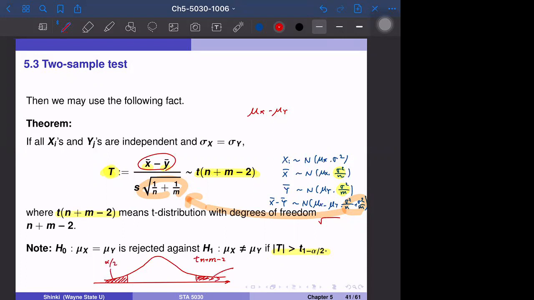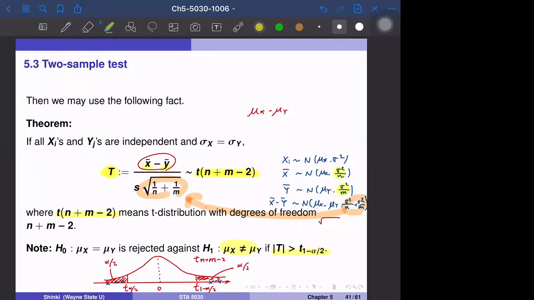So this is alpha over 2, and the threshold is here: t sub 1 minus alpha over 2 and t sub alpha over 2. This is symmetric around 0. So as long as the test statistic is in this range, we reject the null hypothesis to support the alternative that mu x is not equal to mu y.